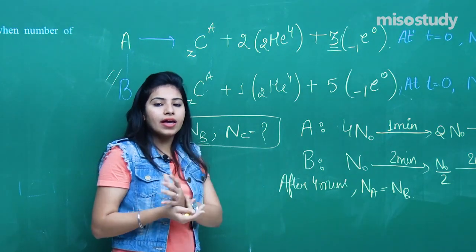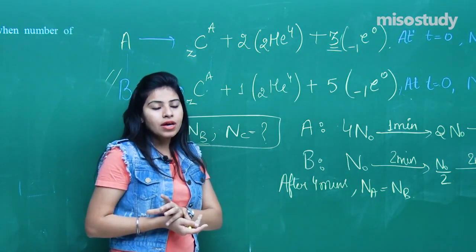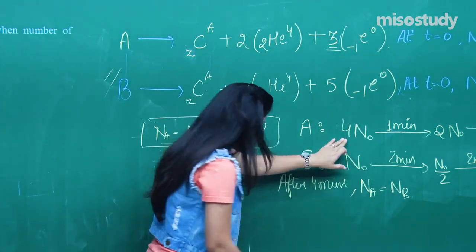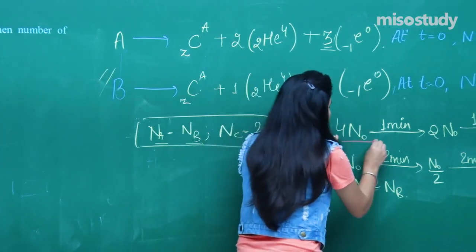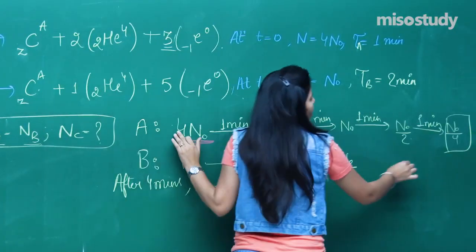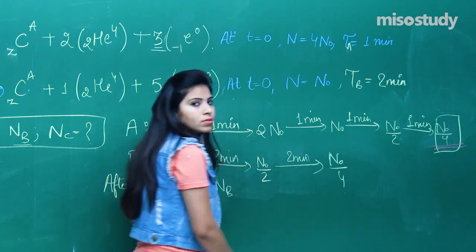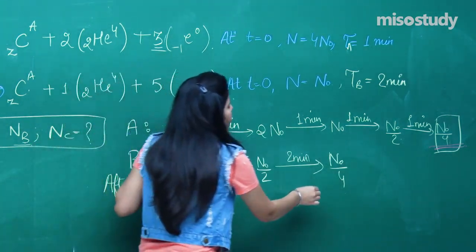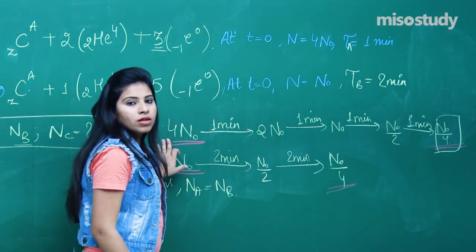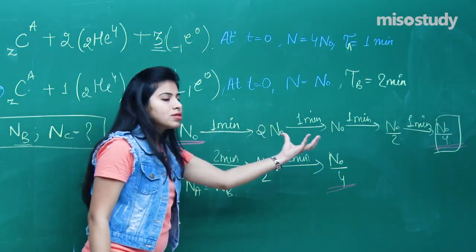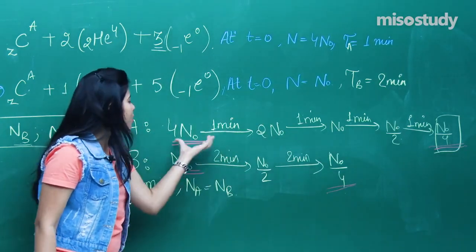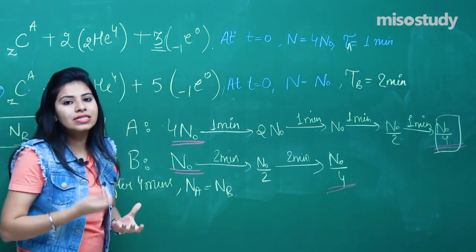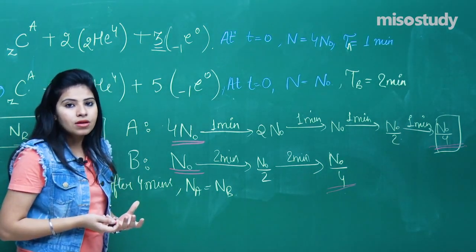Initially the A nuclei were 4 N0, and it was reduced to N0 by 4. And for B, initially they were N0 and they reduced to N0 by 4. That means the difference, 4 N0 minus N0 by 4, has been converted into C after this decay, right?